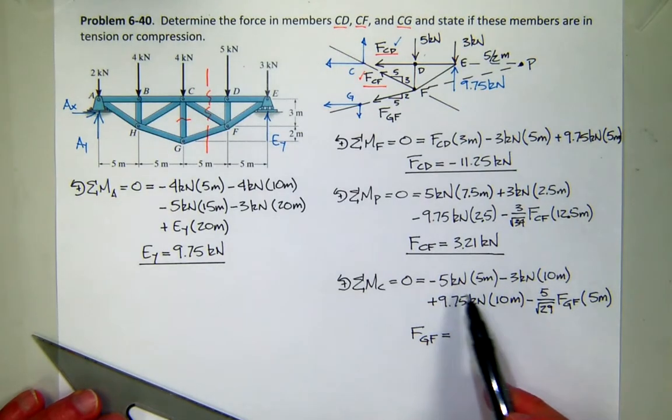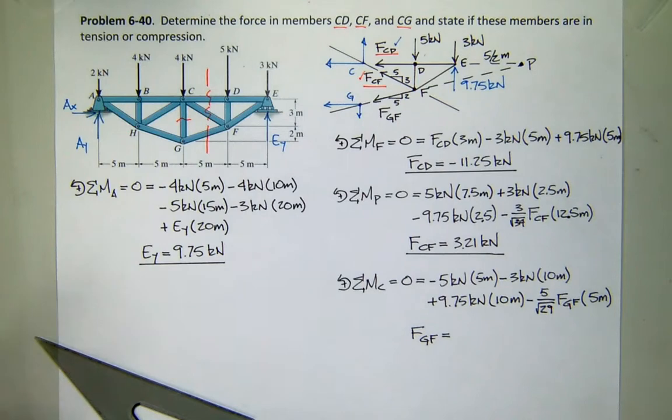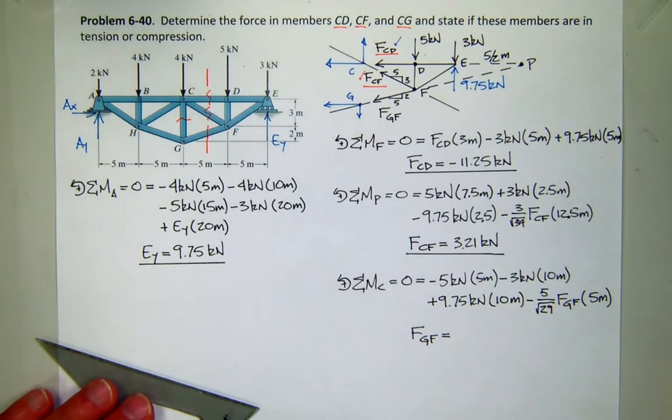5, 6, 18. Twelve something? No, I don't know what it is. Less than 12 something. Anybody get it? 30.